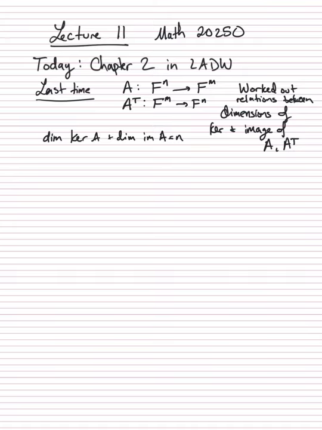Okay, so today I just want to start with a little application by noticing that we have other maps naturally available to us. Once we've defined A and A transpose, we get two maps for free by looking at their composition.